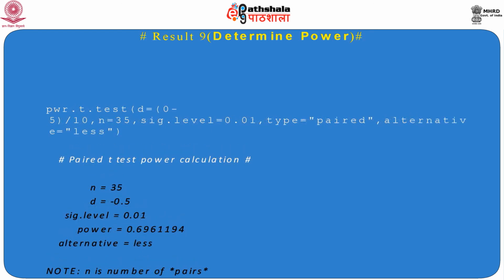So this is another scenario where we can get our power value by adjusting our desired sample size. Now we change the alternative from two.sided to one.sided, and our power increased from 0.59 to 0.69. So a 10% increase in the power value is observed when you shift from two-sided to one-sided.